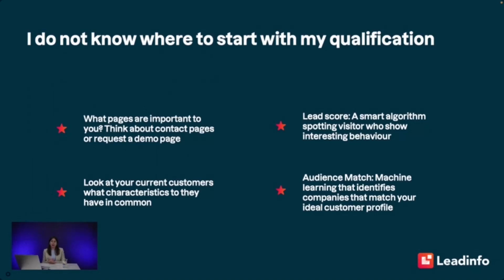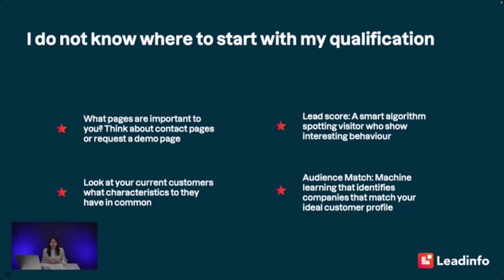However, what we often notice is that if we provide you with all this information of the full journey from visitor to customer, some questions are raised. One is, I don't know where to start with my qualification. That's something that we have made some new features to help you with.